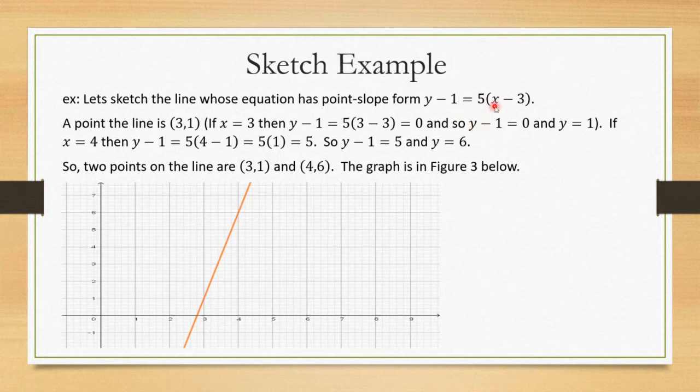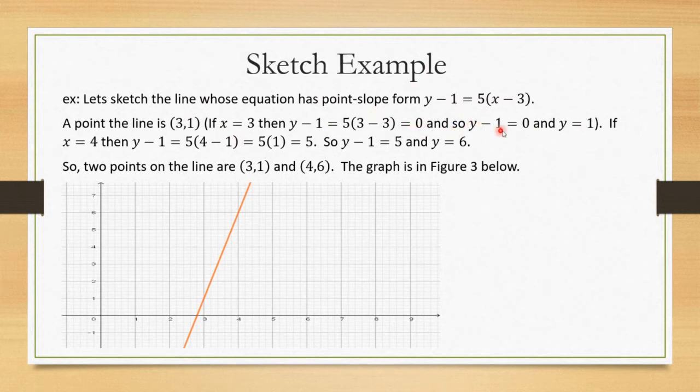So for instance, if I take x to be 3, then the point on the line is 3, 1. If I take x to be 3, then y minus 1 in the equation is going to be 5 times 3 minus 3, which is 5 times 0, which is 0.